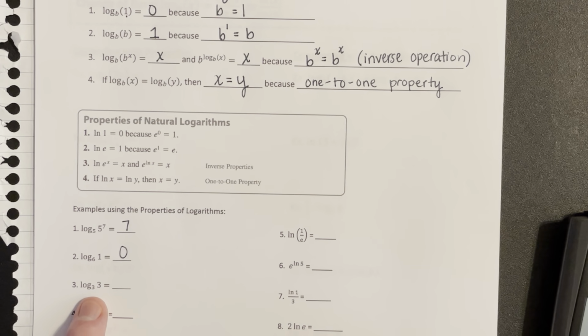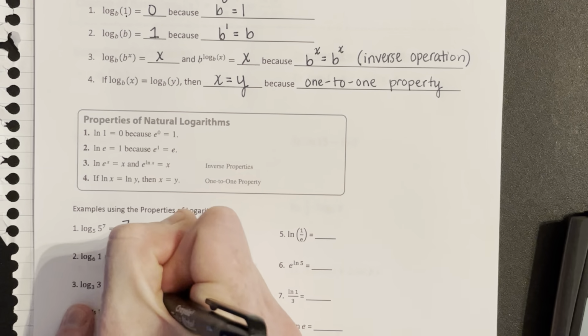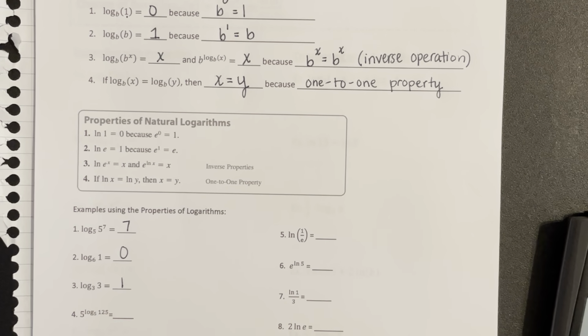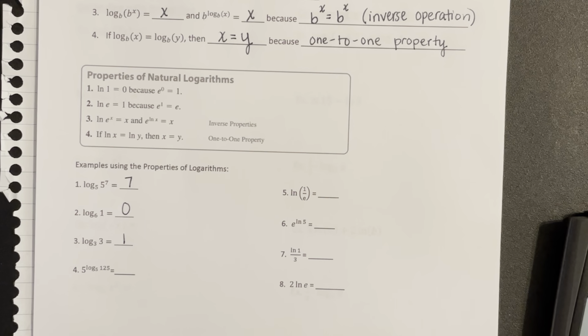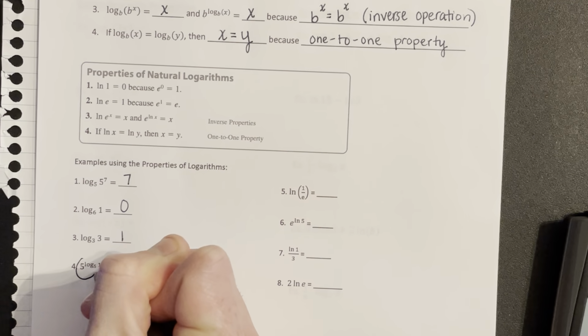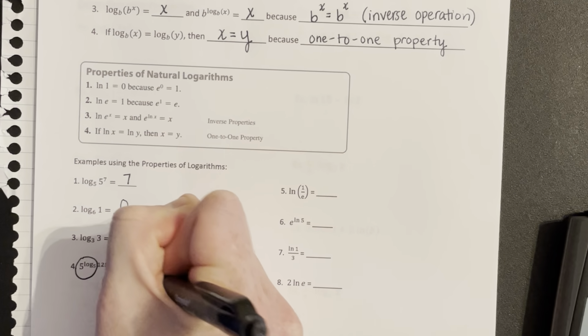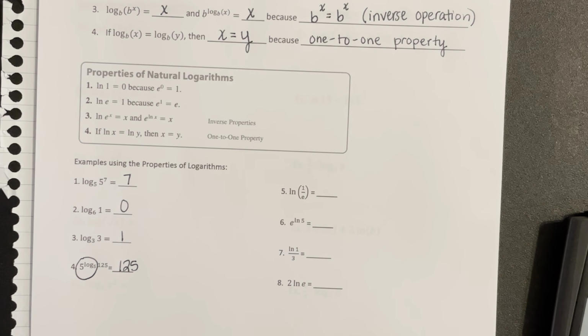Log base 3 of 3, we're taking the log base 3 of the same thing, so that means it's going to equal a 1. Number 4, we see 5 to the log base 5, so those two things are the same, which means it's just going to equal the 125 that's inside the log.